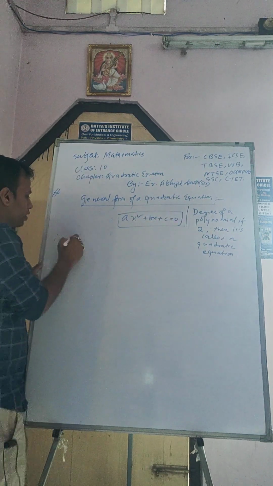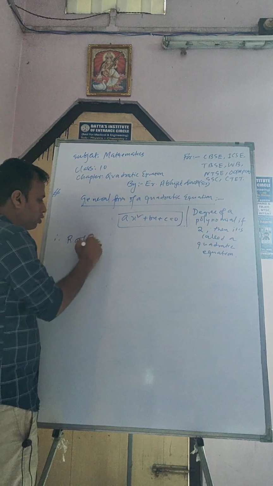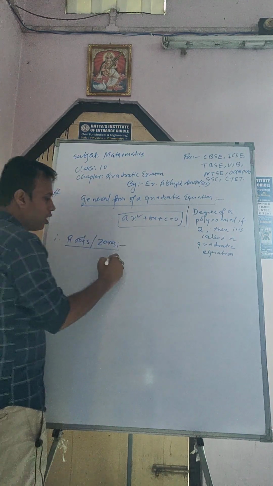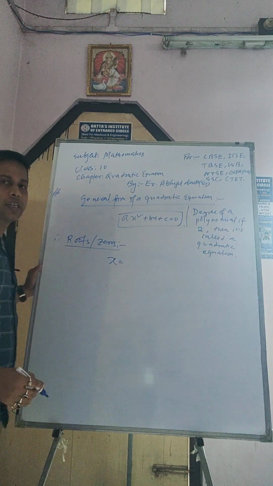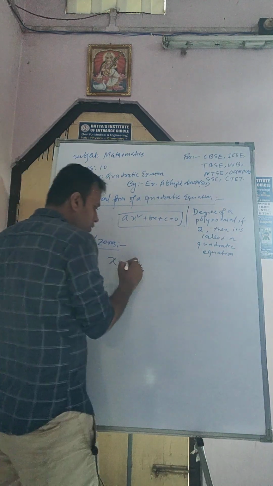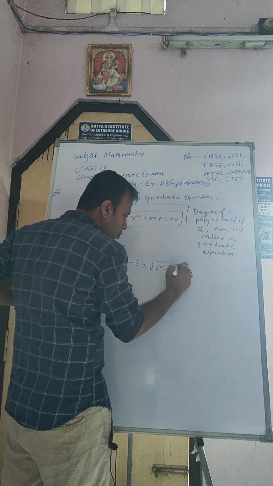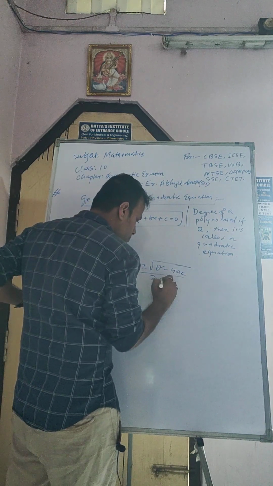So this is the general expression of a quadratic equation. Now from that we can find the roots or zeros of the polynomial equation. How? x is equal to minus b plus minus root over b square minus 4ac by 2a.